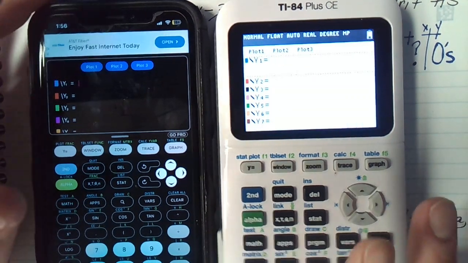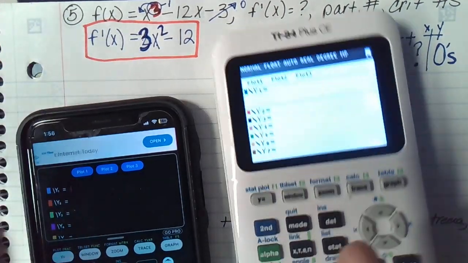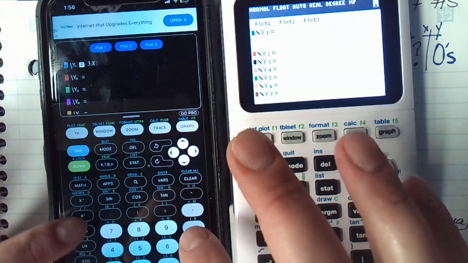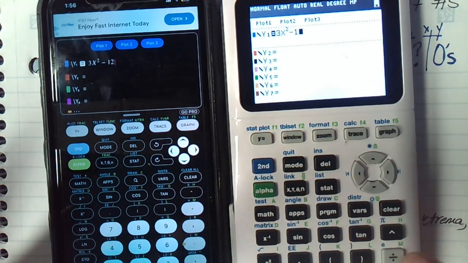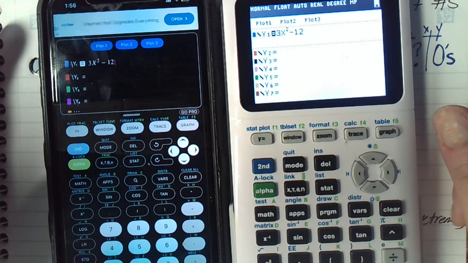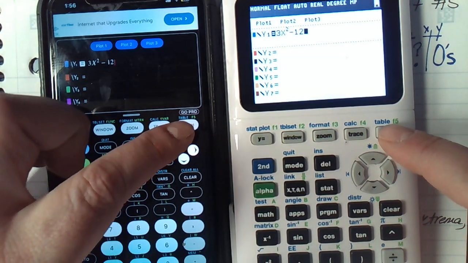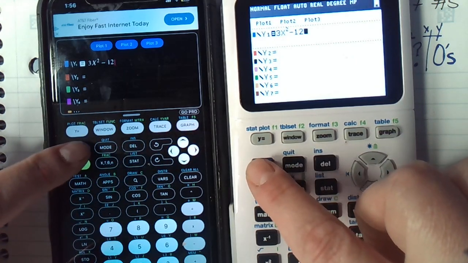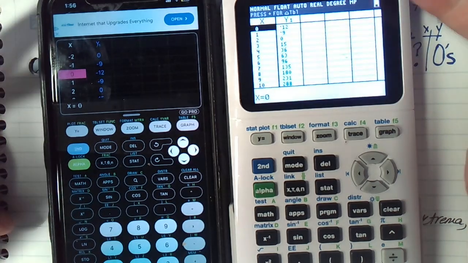I'm going to type in the derivative, this 3x squared minus 12. Then I'm going to go to the table. Table means T-chart. See how the table is in blue? So you press the blue and then the graph button, and we get a T-chart.